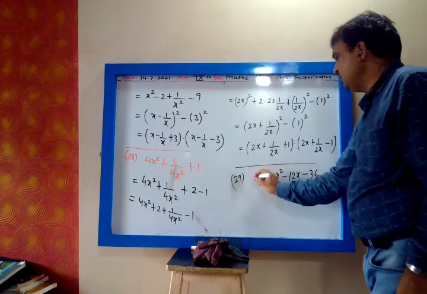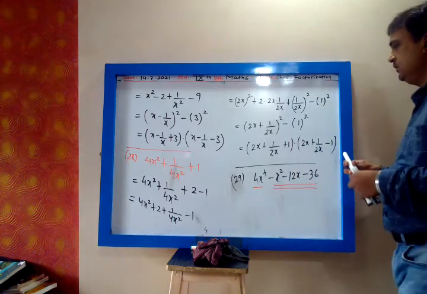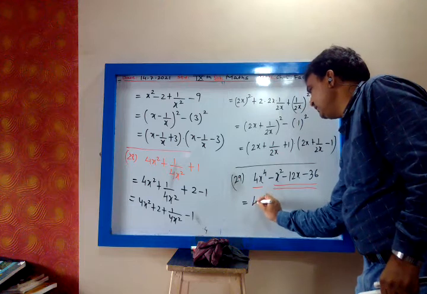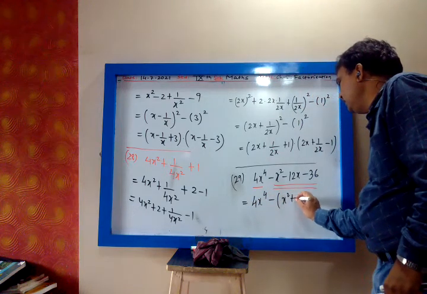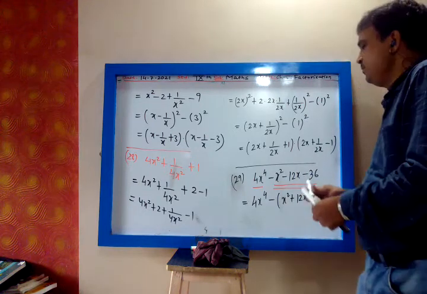This is already a square, so these three I will take together. So 4x raised to 4, then minus I will take common, then x square plus 12x plus 36, minus I have taken outside.